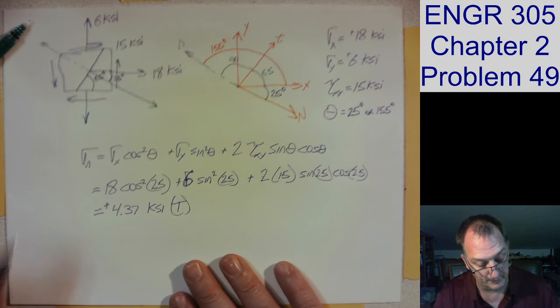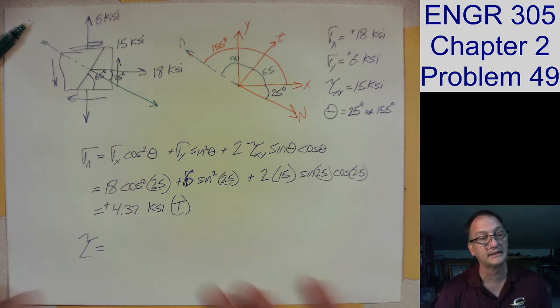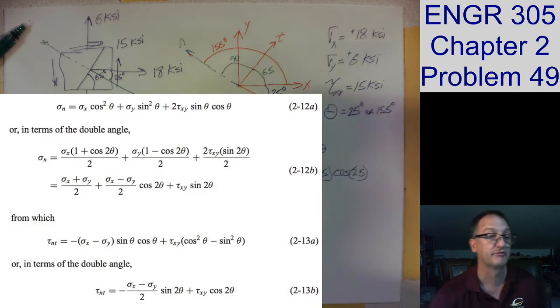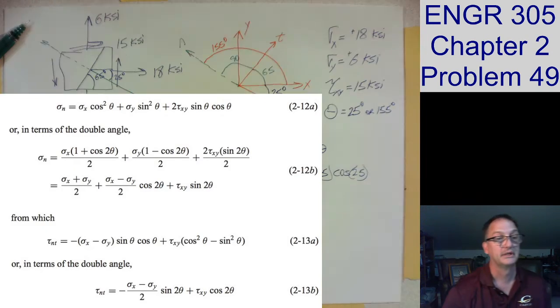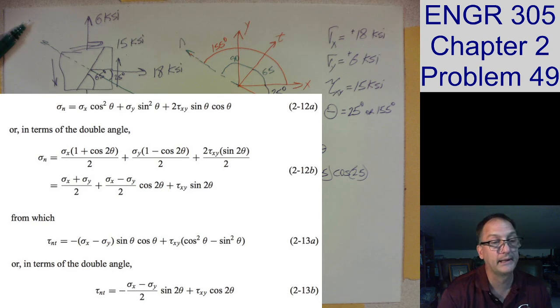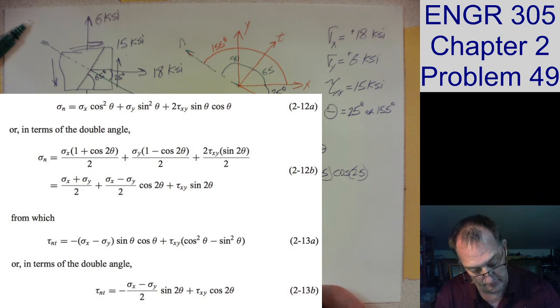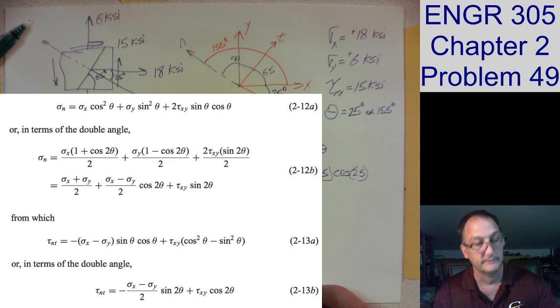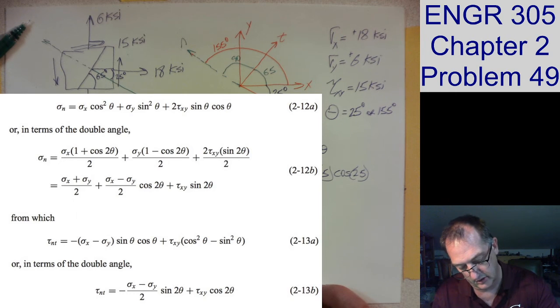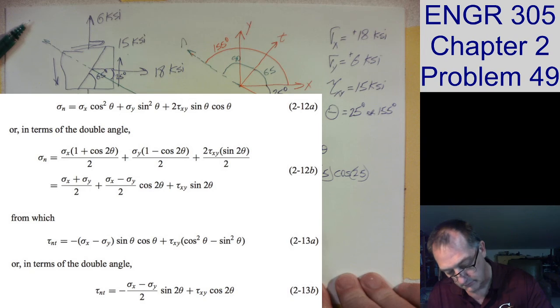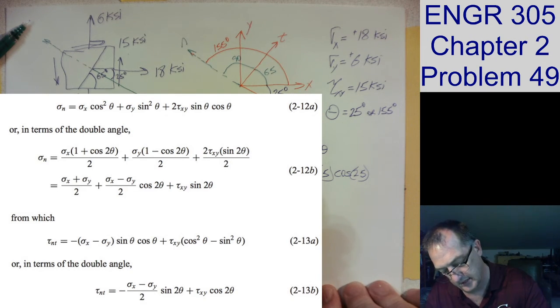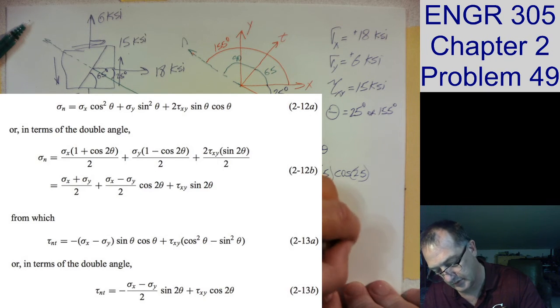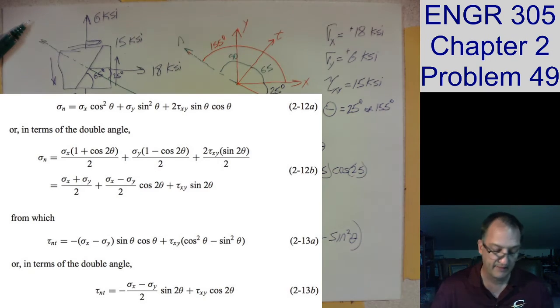And I'm just going to repeat the process. Shear is not exactly the same process. Remember, that equation's different. I've got the shear equation, which, I still don't know which one I like better. But we're going to go with 213A, which is negative sigma x minus sigma y times sine theta cosine theta plus shear xy times cosine squared theta minus sine squared theta.